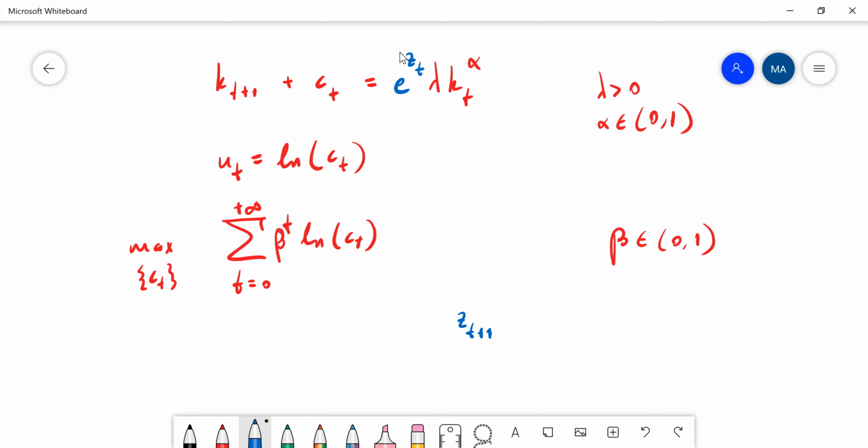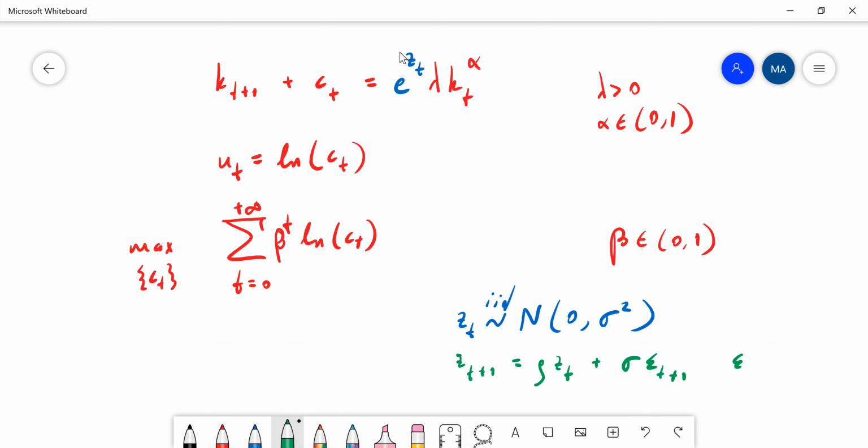There could be many different probability distributions. For instance, you can tell me that Z_t is an independently and identically distributed normal variable with 0 mean and constant variance. So that would be one possibility. Another possibility would be an autoregressive form, such as this one.